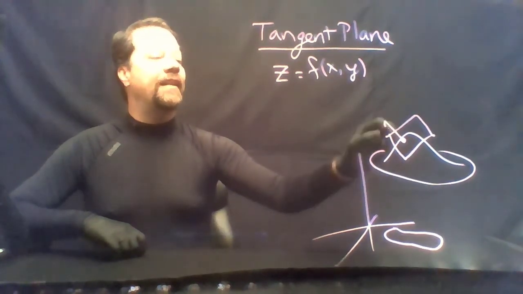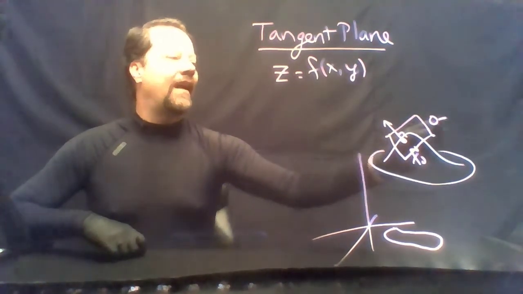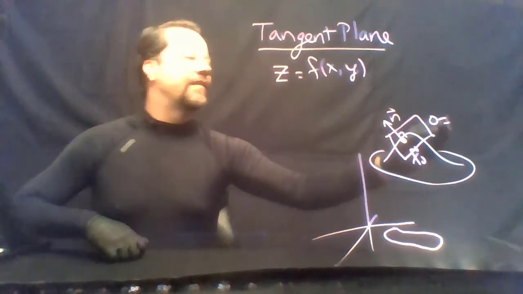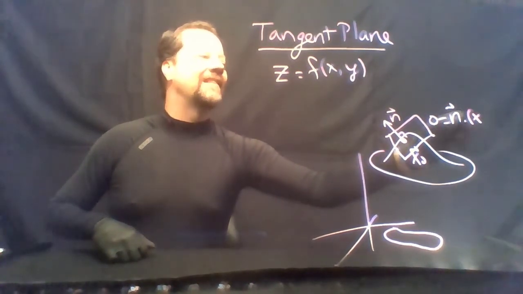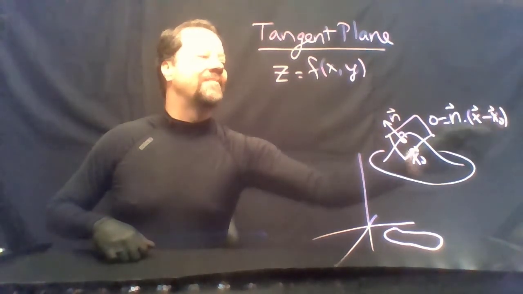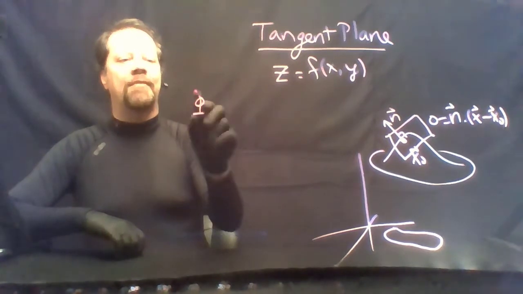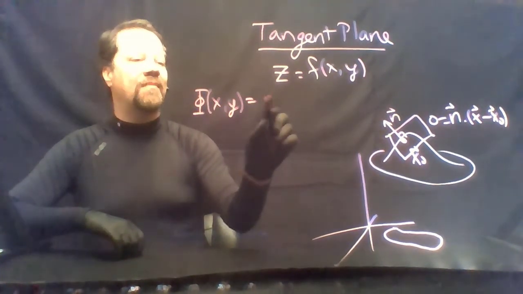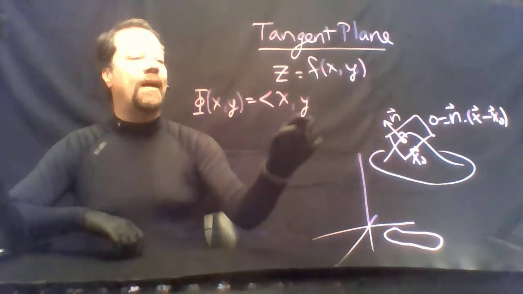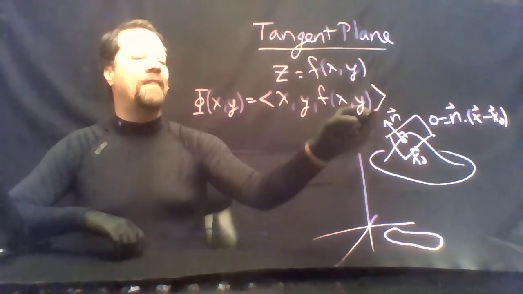In order to define a tangent plane, I need a point on that surface, and I need the normal vector, because the equation of the plane is 0 equals n dot x minus x naught. I'm going to create a function. The function is going to be capital Phi. It will depend upon x and y, and it's going to be x comma y comma f of x comma y.